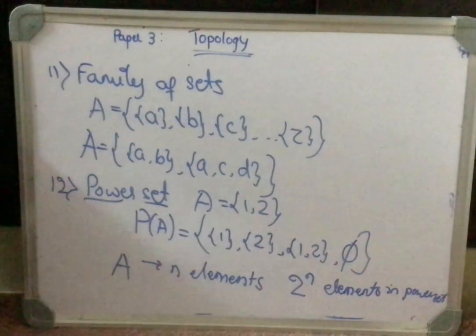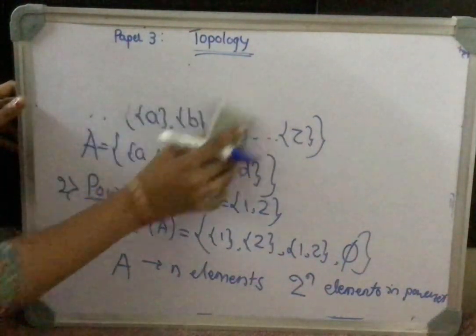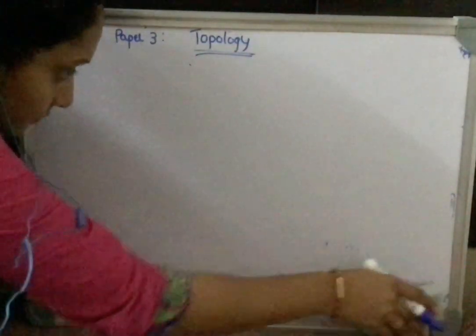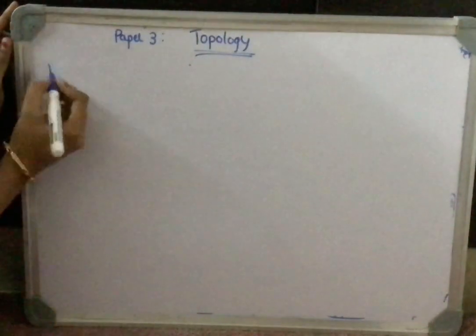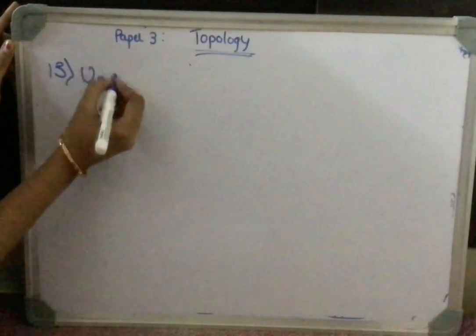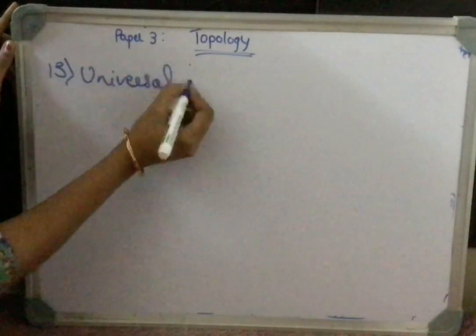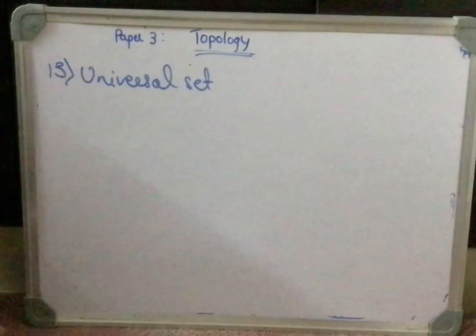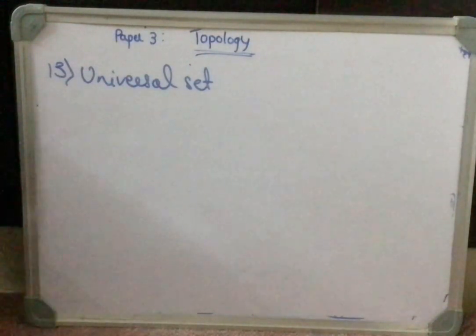Okay, next is universal set. While dealing with set theory, all the sets we consider are subsets of some fixed set.